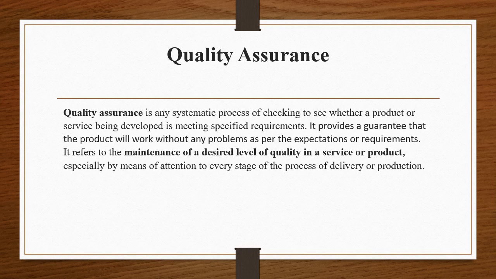So quality assurance is responsible for ensuring that each and every product that is produced in a certain business should have exactly the same characteristics as the other products of that type.